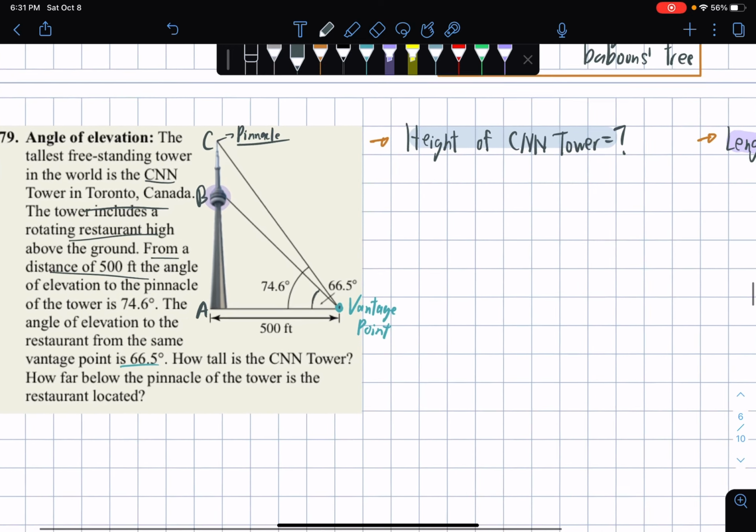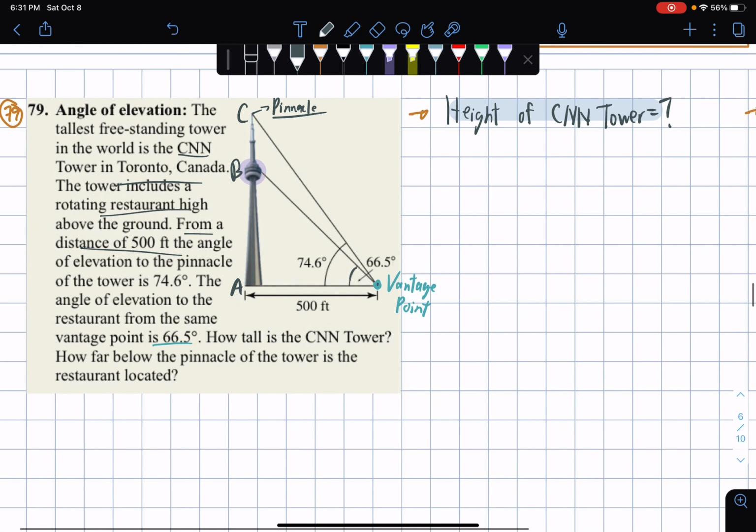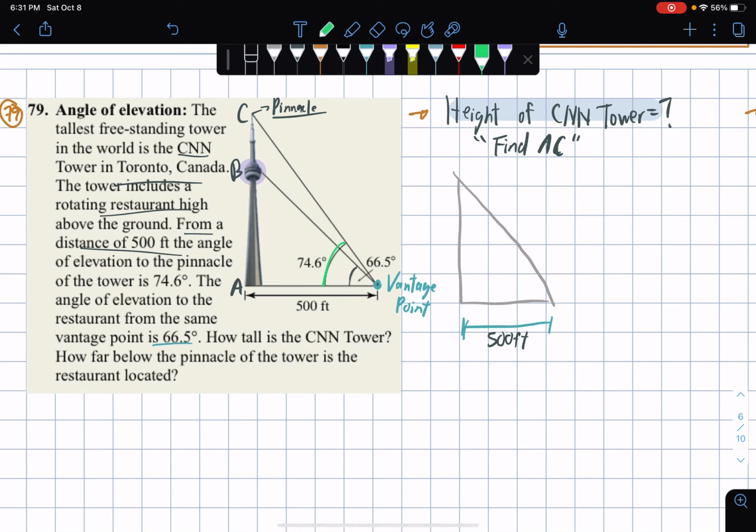The first question asks about the height of the tower. I've already labeled specific letters here. In other words, we're supposed to find the value of AC. So let me redraw the triangle. Here we have 500 feet, and this angle goes all the way to the pinnacle, so this is 74.6 degrees, and this is what we're missing.